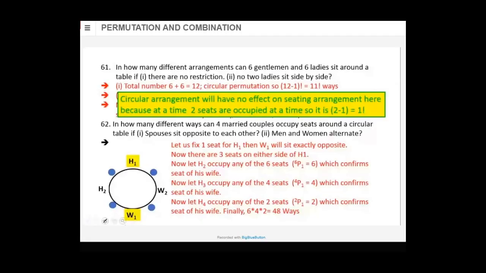That is why nothing had to be done for circular. How many is he occupying? 2 seats at a time. So 2 minus 1 is 1. Take a screenshot of this also. This is the note for 62. Circular arrangement will have no effect on sitting arrangement, because at a time 2 are done, so I can divide by the one.